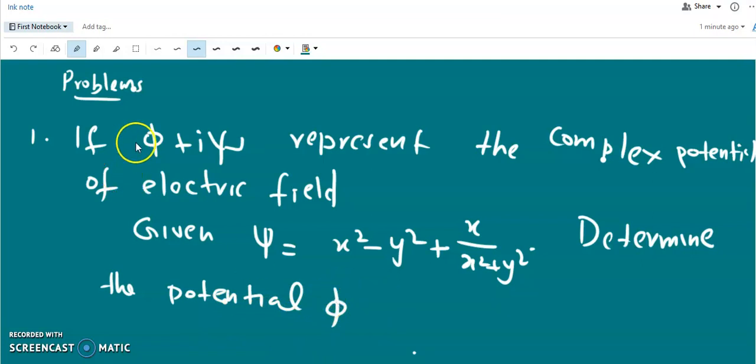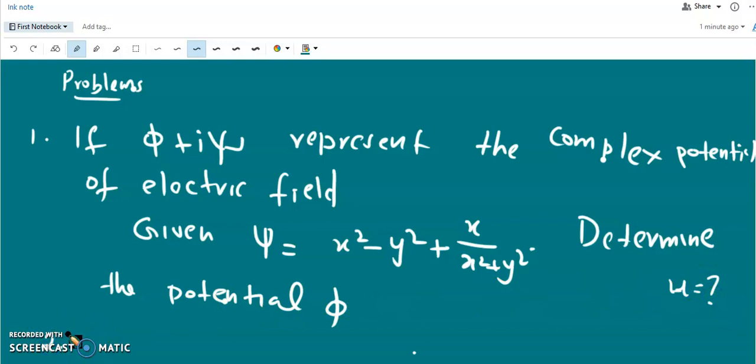We said this forms an analytic function. So psi is the imaginary part v. When v is known, we can find u. So here v equals this, and you please find u using the method we have already discussed before.